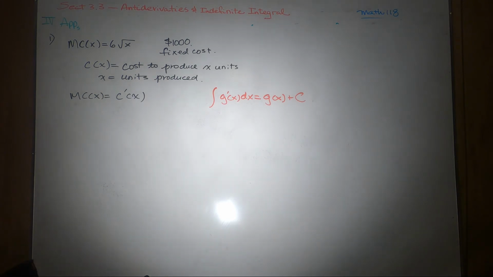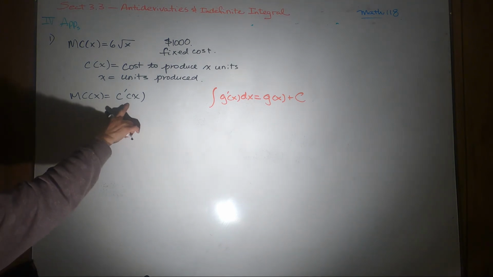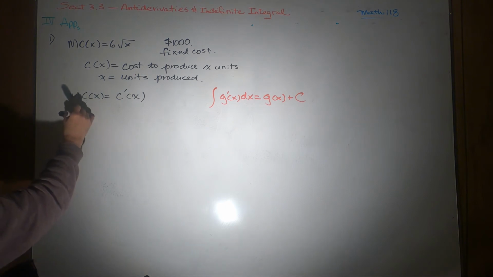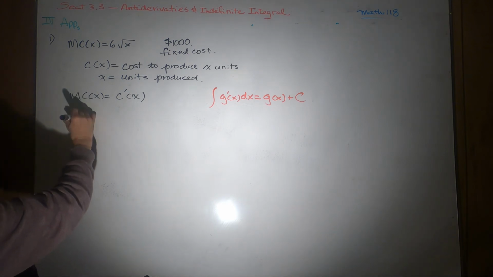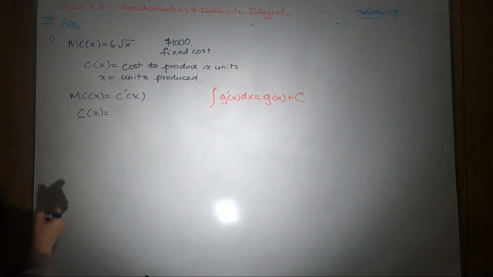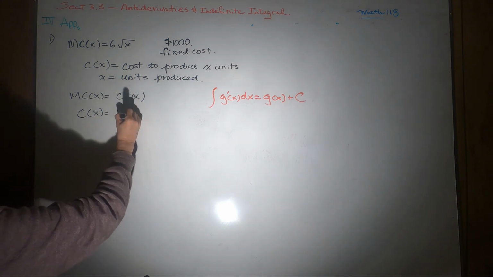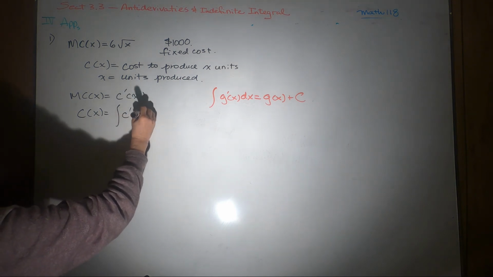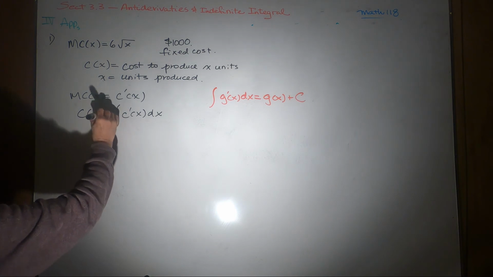So we know marginal cost is C prime of x. If we want to find the cost function, that was the question, right? So the cost function is the antiderivative of this one, right?